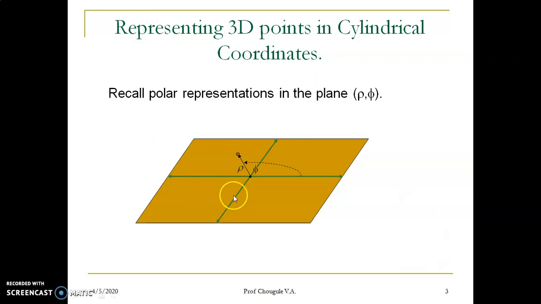Now we come to the cylindrical coordinate system. Consider the same x-axis and y-axis. We make the x-axis the initial line, the angle made with the initial line be phi, and the distance from this point O be equal to rho.